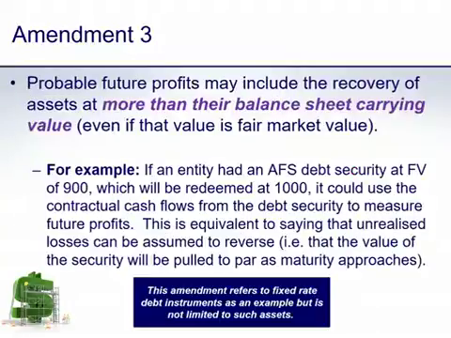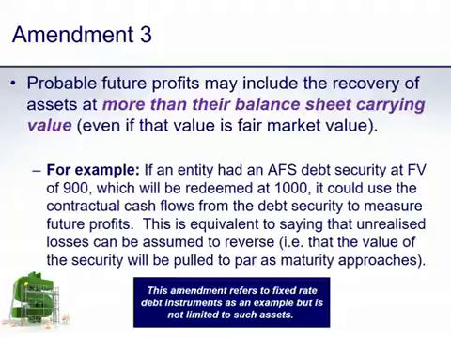The third amendment explains that probable future profits may include the recovery of the asset at more than the balance sheet carrying value, even if that value is fair value. Referring back to our previous example, if an entity had an available for sale debt security at fair value of 900, but they expect to collect 1,000, it could use the contractual cash flows from the debt security as the basis for measuring future profits.